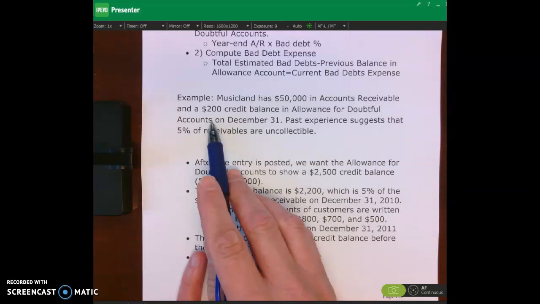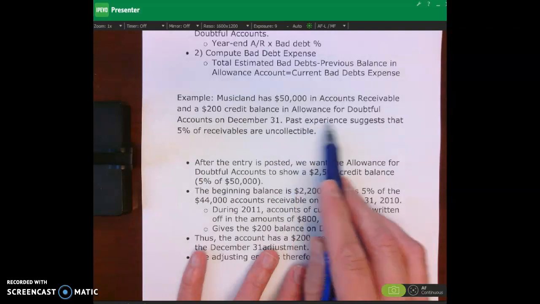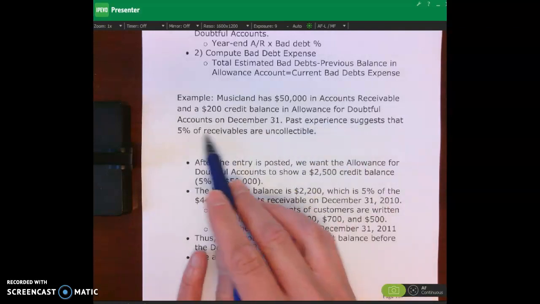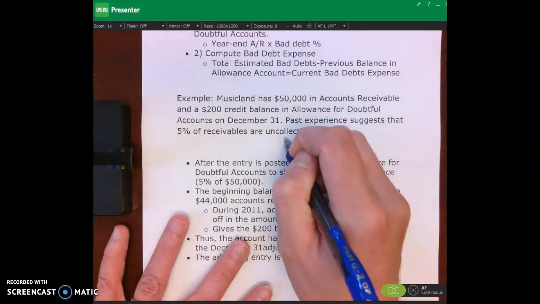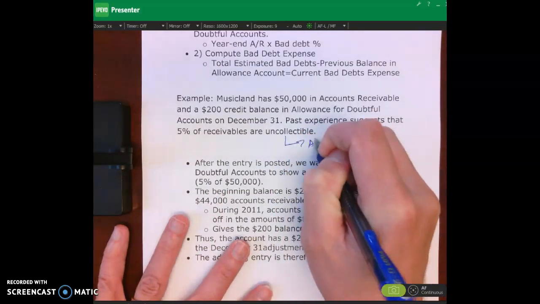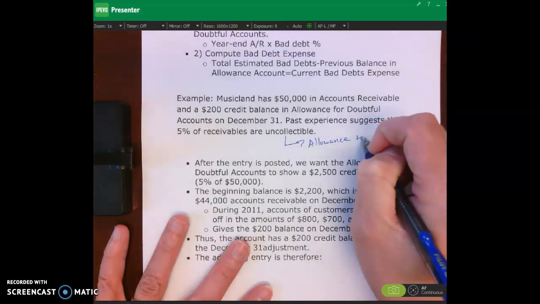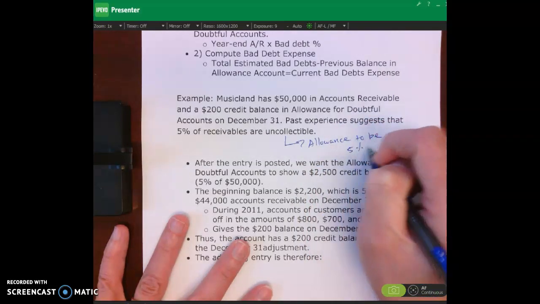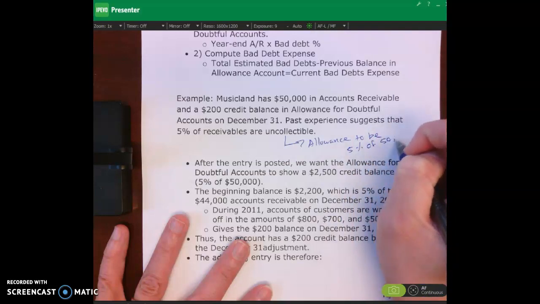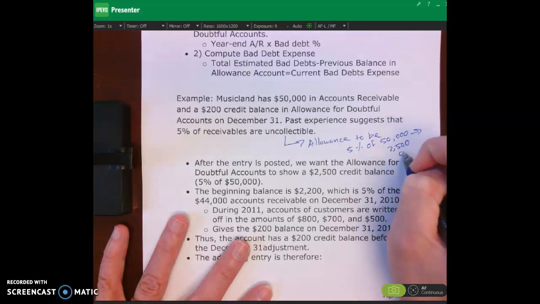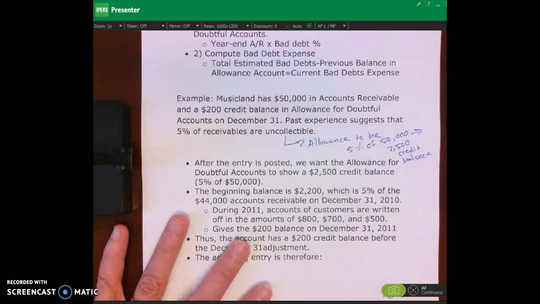So we have to consider that, because what we're saying here is that past experience suggests that 5% of receivables are uncollectible. What that means is that we want the allowance to be 5% of $50,000. So we want it to have a $2,500 credit balance after we do the journal entry.